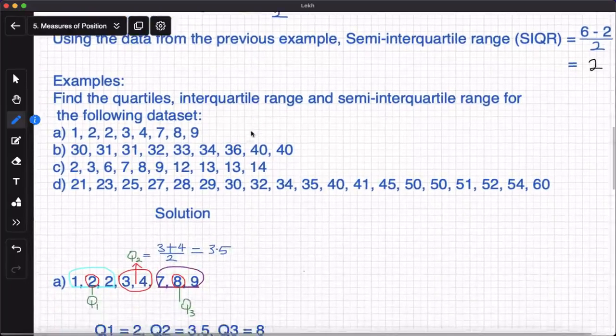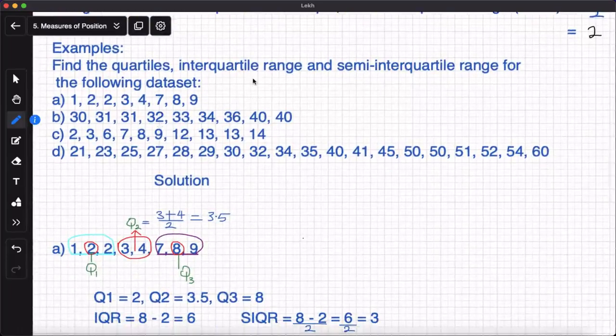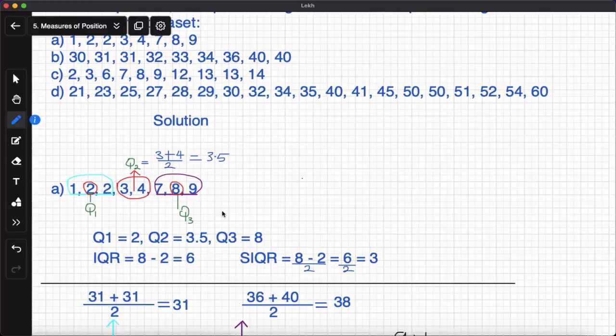Now, we go on to another example. How do we obtain the quartiles, the interquartile range and the semi-interquartile range for the following data sets? We can do that by first obtaining Q2, and that will be 3.5.